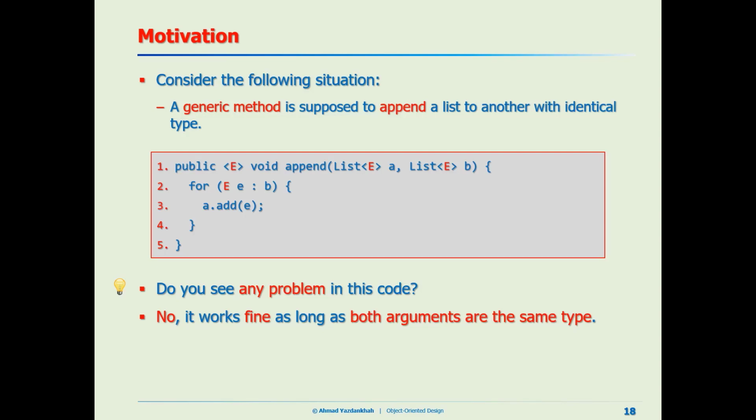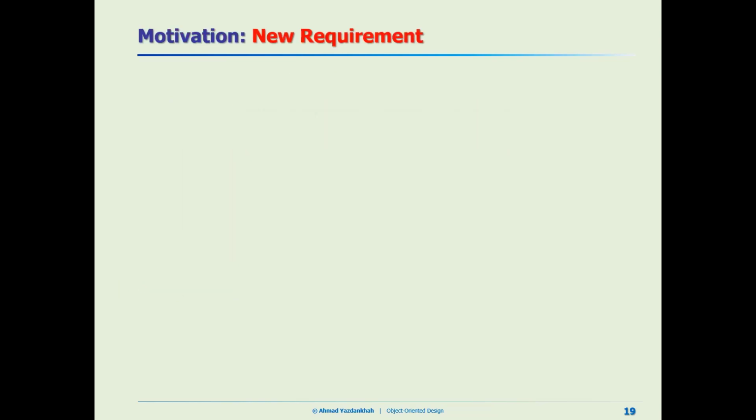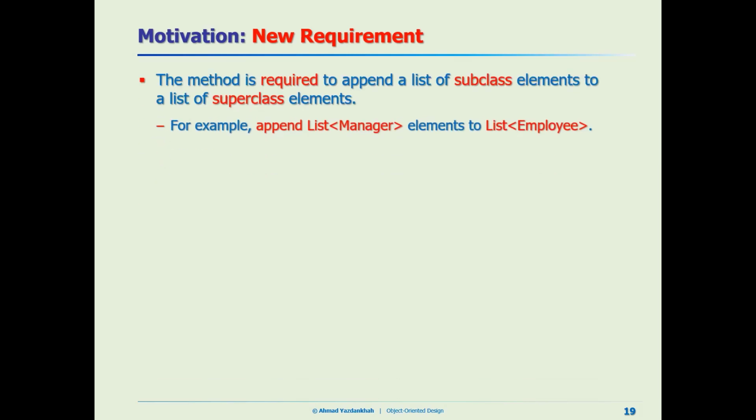But after we implement this method, a new requirement is coming. They are saying to change the method in such a way that we can add some subclasses of elements of A to the list of A. For example, we have a list of employee and a list of manager, and we know that manager is a subclass of employee, right?